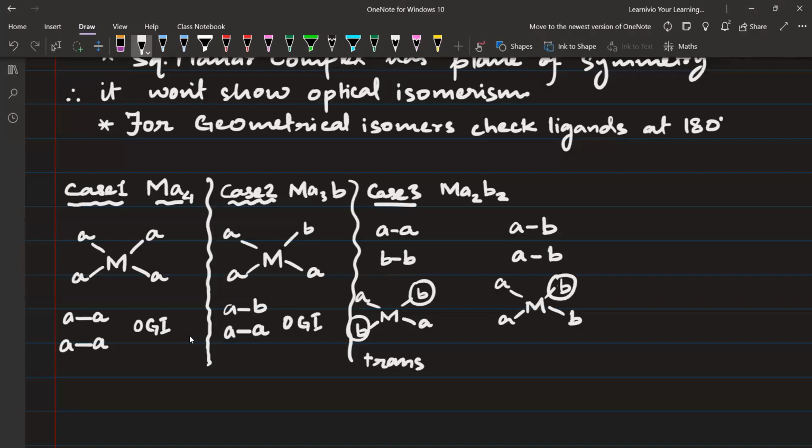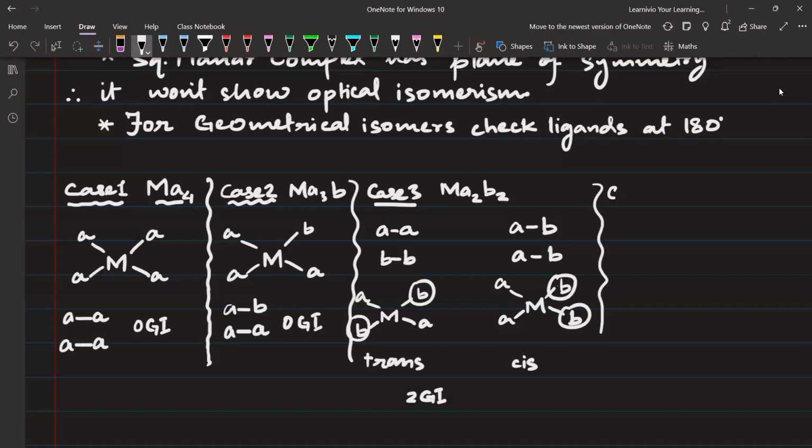When the same ligands are at 90, then it is known as the cis isomer. Is there any other possibility? No. No. So there will be two geometrical isomers.